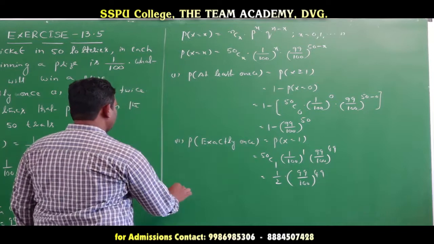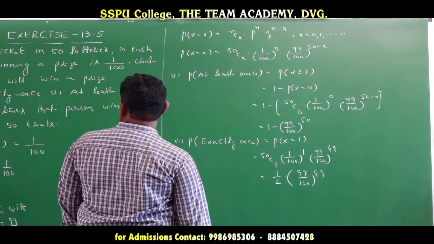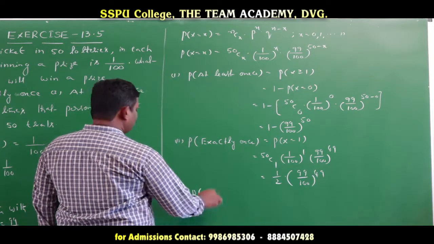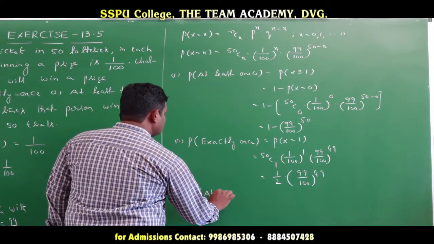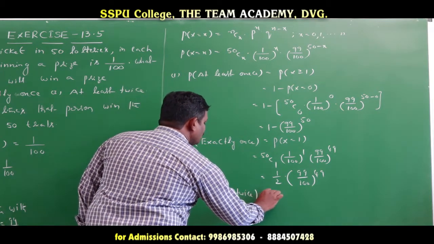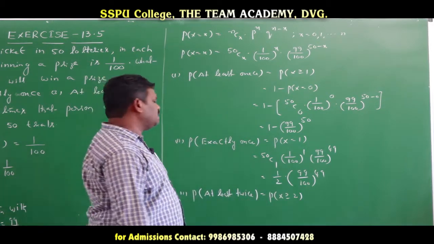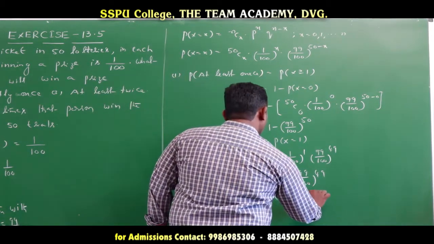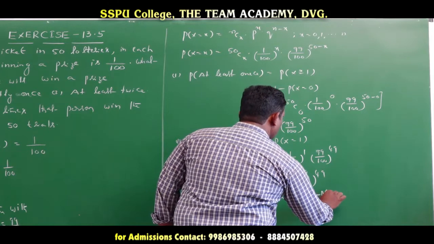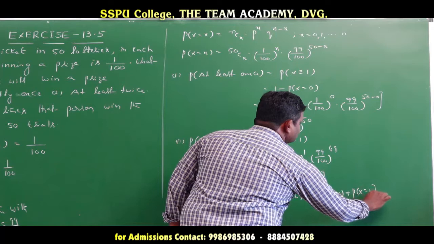Next, the last one, the third case: probability of at least twice. Probability of x greater than or equal to 2 is equal to 1 minus the sum of probability of x is equal to 0 plus probability of x is equal to 1.